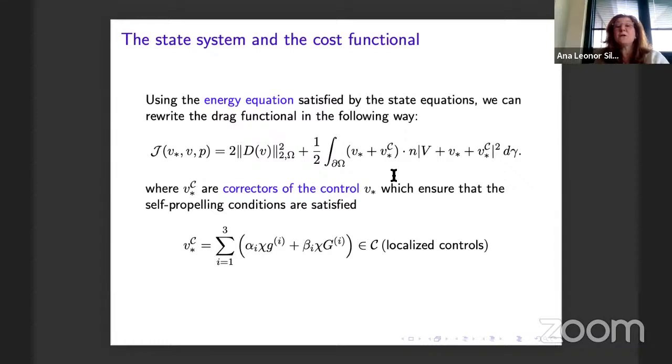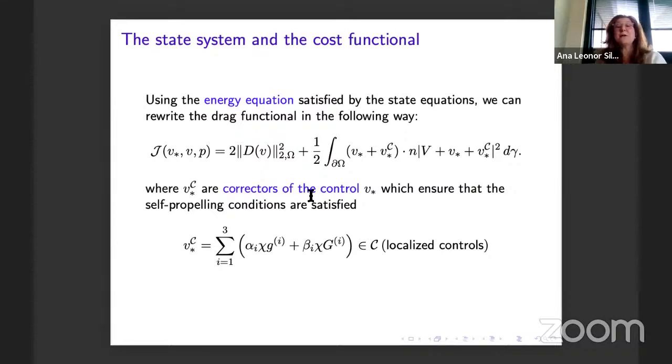so that we obtain this expression here for our cost functional, okay? And here we have the velocity of the fluid, we have the control, and we have the finite dimensional controls that are not going to be associated with the control that we are going to obtain by the techniques of optimal control, but this V star C is going to be associated with the velocity that, let's say, is associated with the state equations, okay?